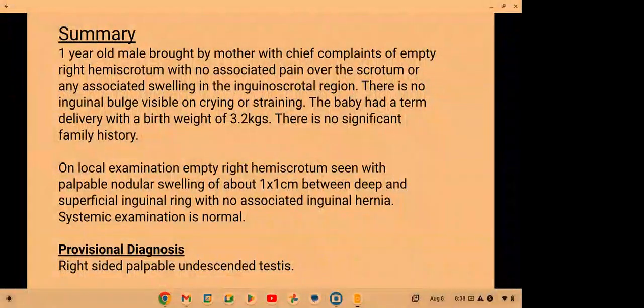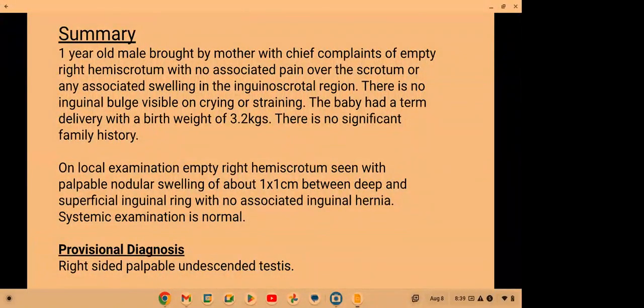So what structures do you encounter? After the skin, we go through the subcutaneous fat, the Camper's and Scarpa's fascia, and then we encounter the external oblique aponeurosis, which is incised. After that, we can expose the inguinal canal.